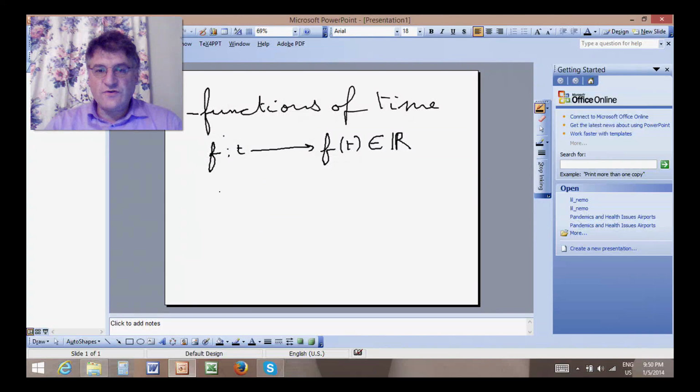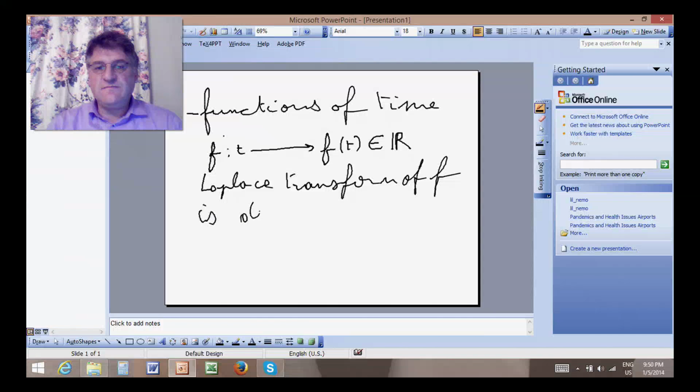The Laplace transform of f is denoted L of f, like this.